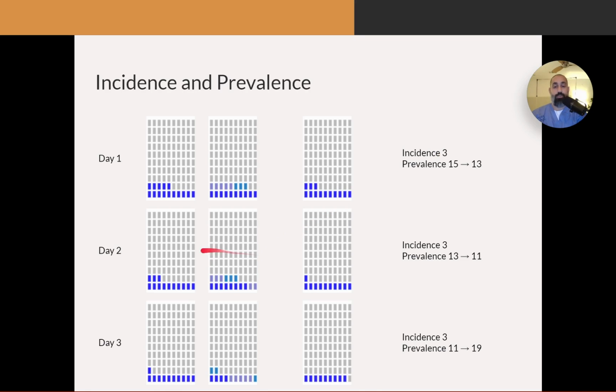And once again, if you continue with this pattern, you start with 13, 5 people get better, you have 3 new cases, you end up with 11 at the end, and the prevalence has gone from 13 to 11, but the incidence remains 3, and so on and so forth. The incidence is still 3 in each case, but the prevalence changes because people are getting better in the background, and more people are getting better than are having a new incidence. So the comparison of incidence and prevalence tells you whether the disease is spreading or retreating.